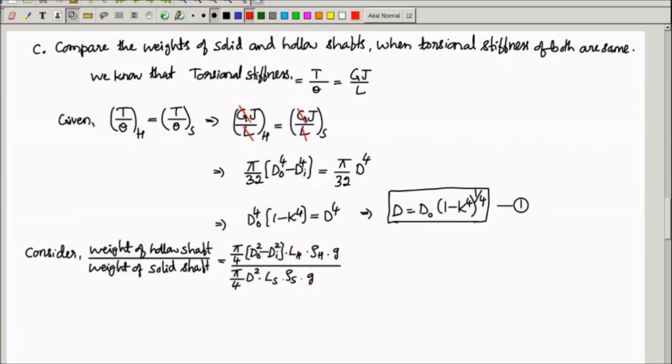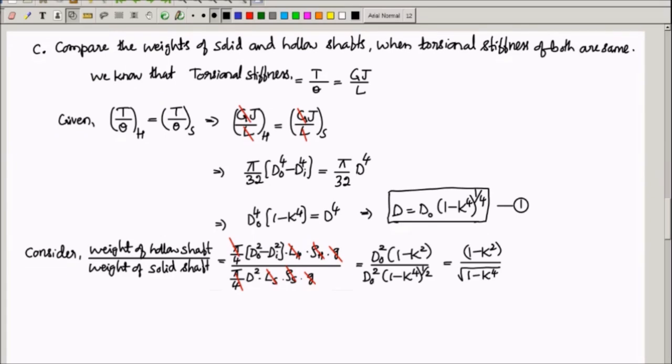So you can cancel these terms. The remaining terms will be d naught square into (1 minus k square) divided by d square. d square I can substitute from equation 1, so it becomes d naught square into (1 minus k power 4) to the power 2 by 4, so it becomes 1 by 2. And d naught square again can be cancelled. It becomes (1 minus k square) divided by the root of (1 minus k power 4).